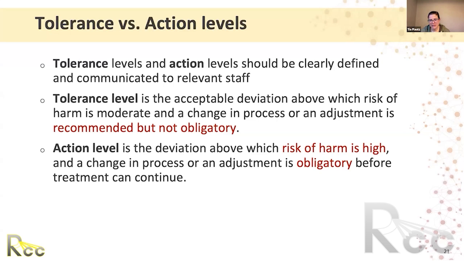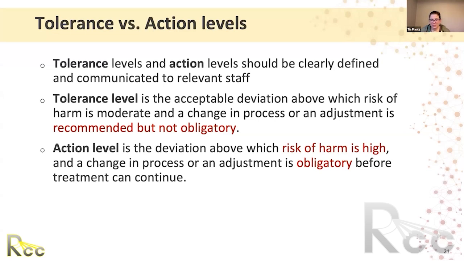So most clinics will use 3% for their tolerance level. And this would be the point at which it's safe to be treating a patient with this level of deviation. But when there's time for the physicist to look at the machine, they should evaluate why it got to be this high and make an adjustment to make sure that the beam is calibrated correctly.